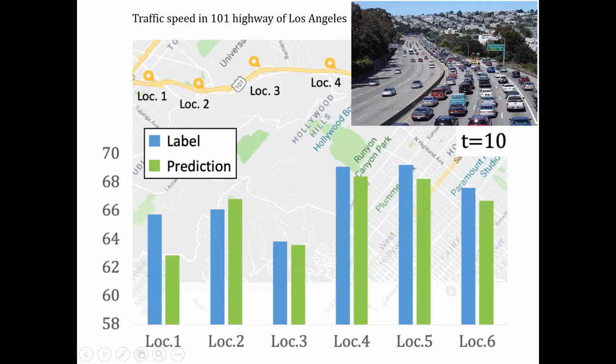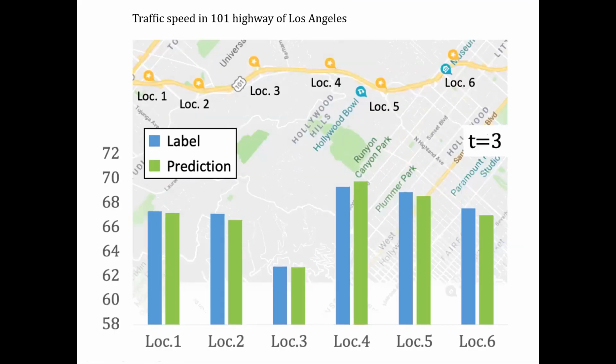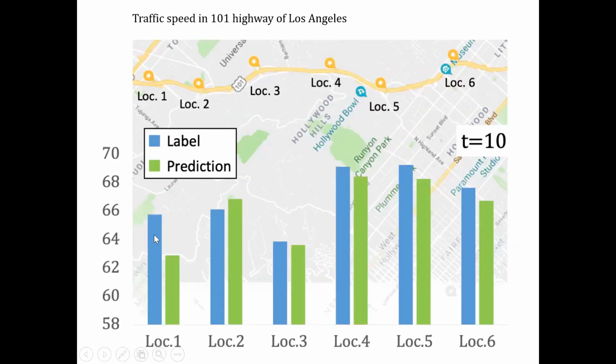We checked their official web service and found that they have many locations. They can measure the traffic flow. So we make a prediction. This one is real, this one is a prediction.